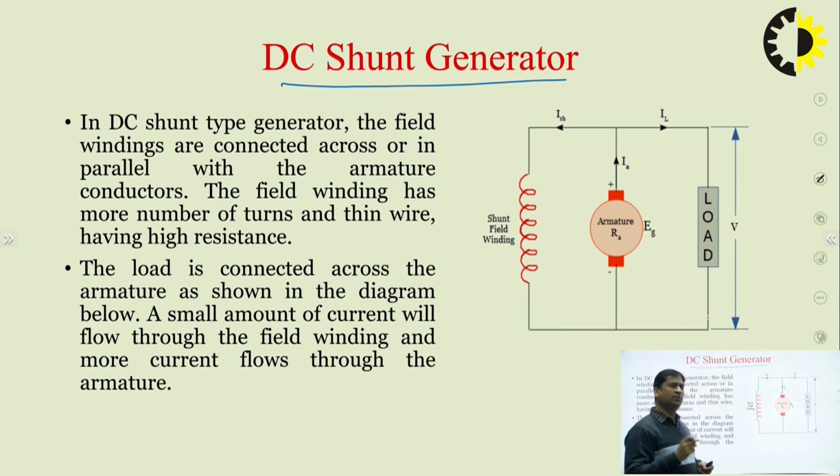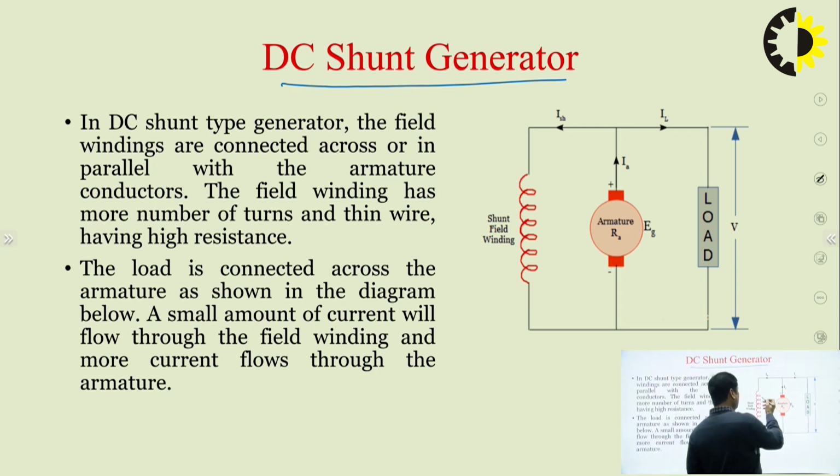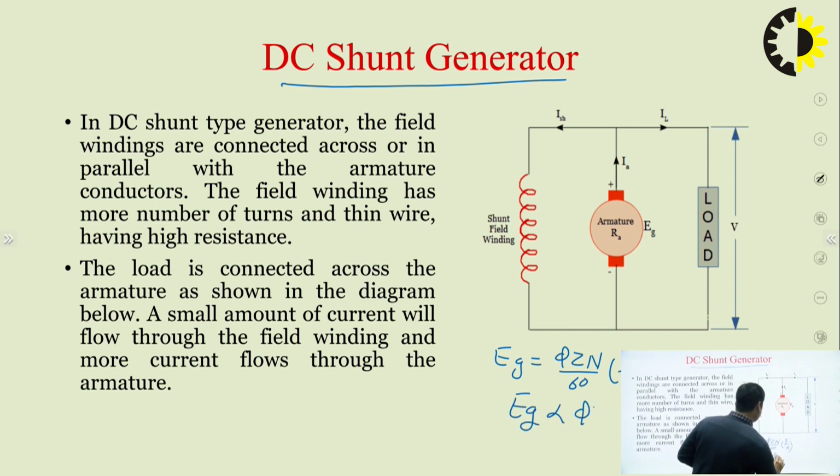When there is some flux in the field poles, some voltage will be induced, because we know EG is equal to phi Z N upon 60 into P upon A. This generated voltage is proportional to flux and speed, because Z, P and A are constant.